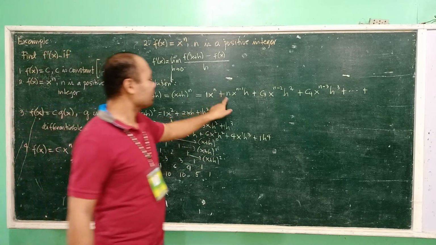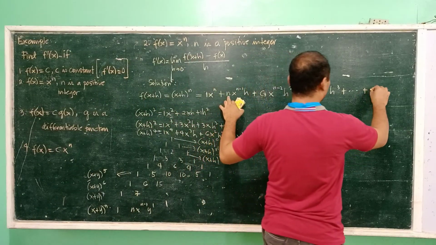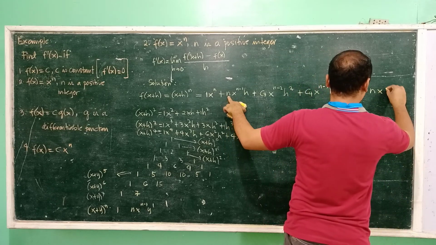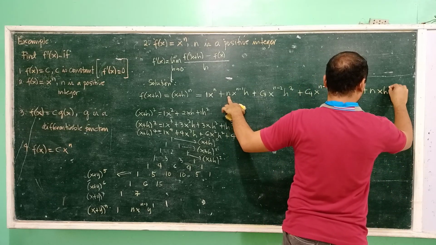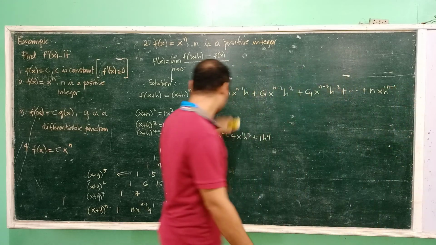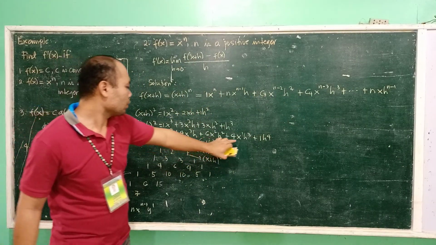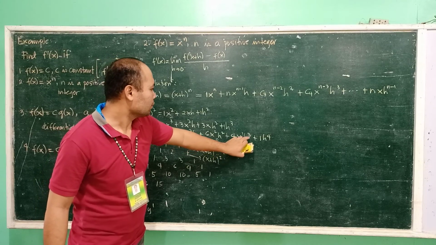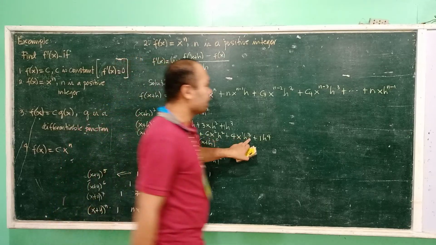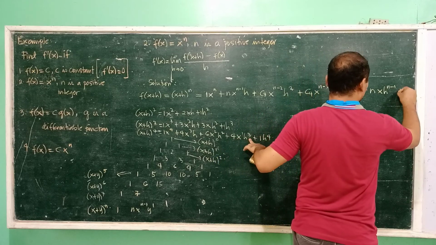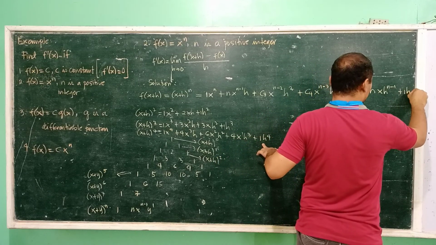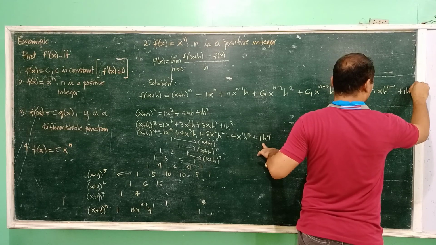So we would expect that the last part here is somewhat n, x, and you have here h to the n minus 1. And finally, plus the last part, which is actually 1, h to the n.